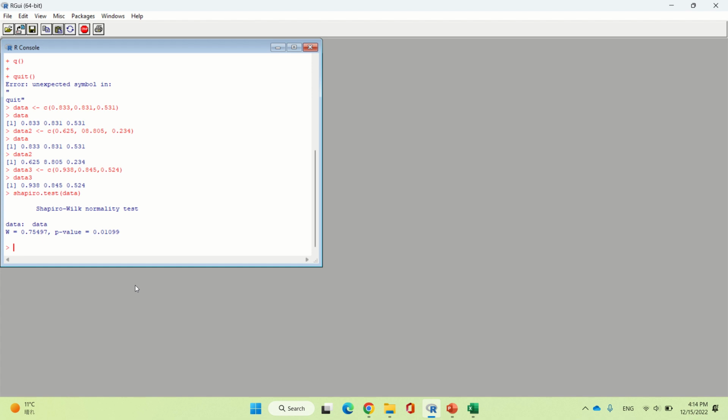This result indicates the normal distribution is significantly changed. It should have been 0.05, but actually it becomes 0.01. So there is a large difference between the normal distribution and the actual result, a significant difference.